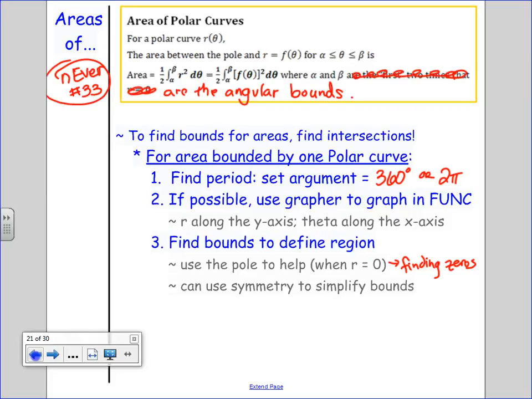Example number 3. There's a couple dilemmas with it. You guys start looking at example 3. Let me turn on a light. I'll give you a couple seconds. Start looking at example number 3. A picture is going to help.